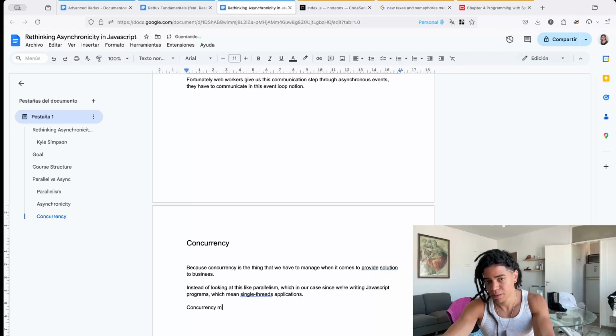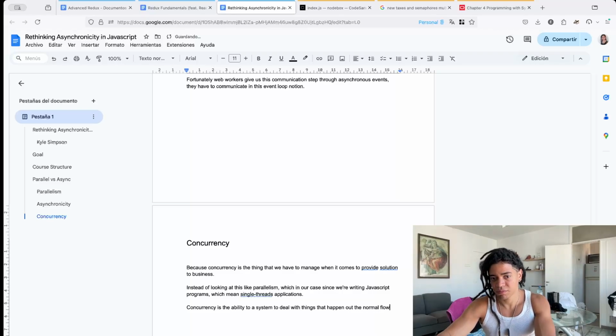Concurrency, at least to me, is the ability of a system to deal with work, or to deal with things that happen out of the normal flow.